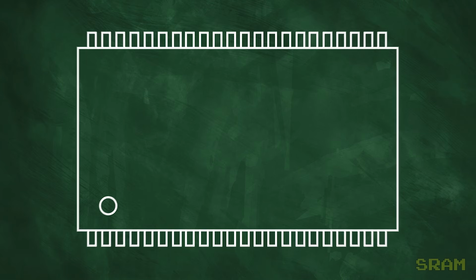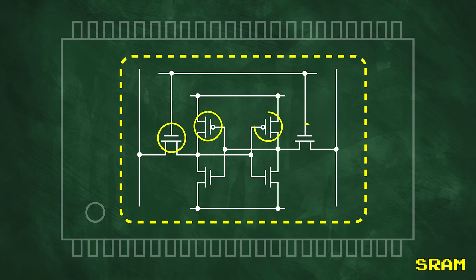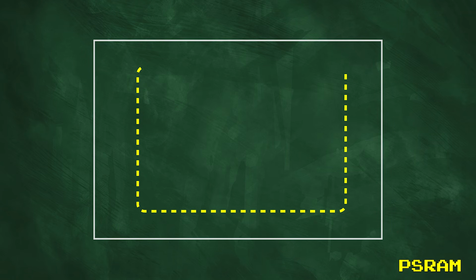You might be wondering why this 128 kilobyte chip is so much larger than the one that's 8 megabytes. Well, that's because static RAM requires a physically larger footprint. The memory cells are composed of flip-flop circuits, and each flip-flop requires multiple transistors. Pseudo-static RAM, on the other hand, is really just DRAM under the hood.